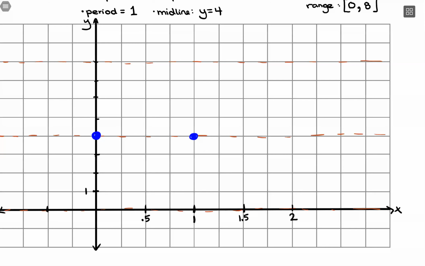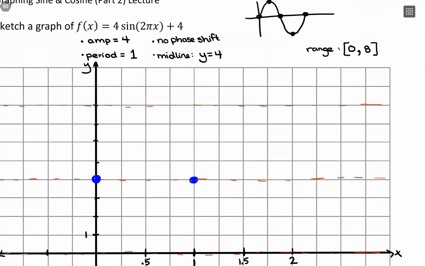Halfway in between those 2 points, to match the shape of sine, we should be crossing that midline. Halfway between 0 and that value at 1/2, we should be reaching our maximum, and then our minimum. So, we're up to our maximum, minimum, and returning. And there's 1 period of our graph.